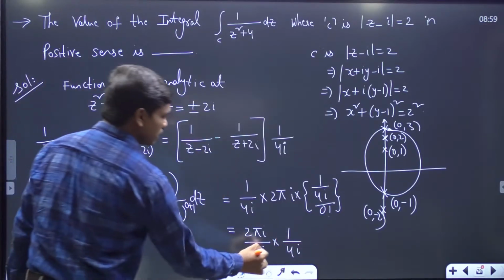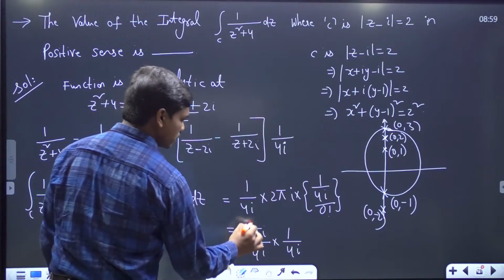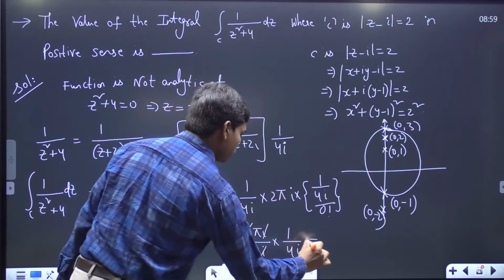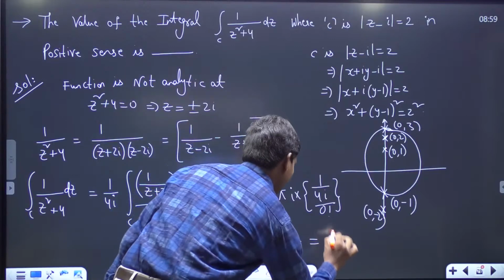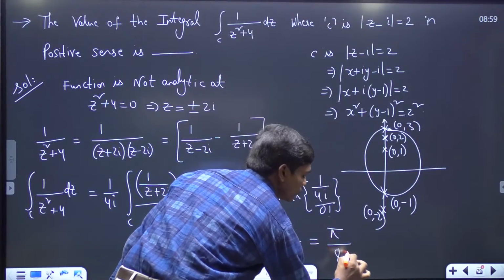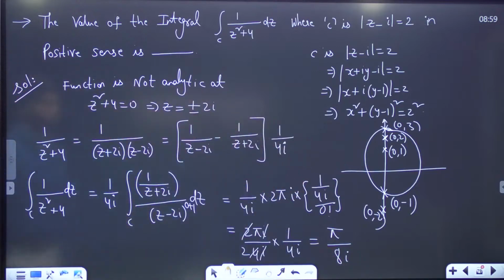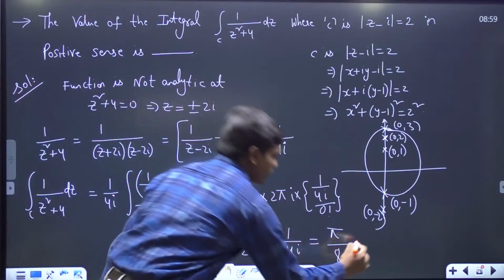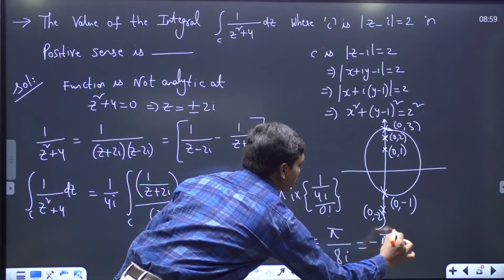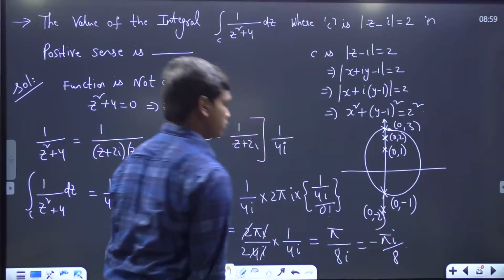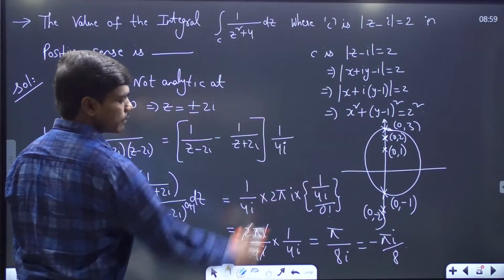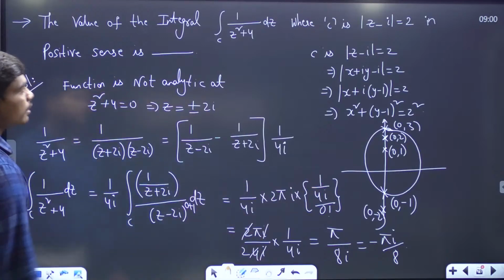Now you can cancel the things. 2 gets cancelled, so i gets cancelled. Pi by 8i could be the correct answer. You can write this as minus pi by 8 if you want, because 1 by i can be written as minus i, so adjusting some minus and i, you can write minus pi by 8i.